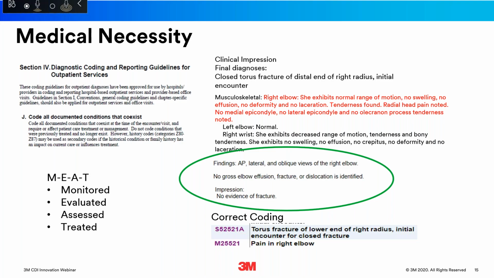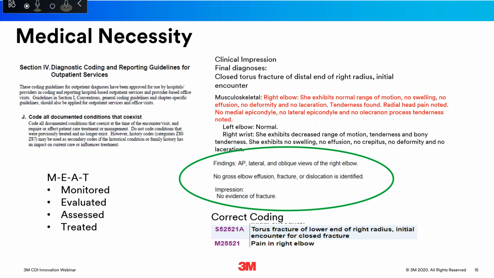So an example on the right-hand side, this patient came in and had a final diagnosis of a closed torus fracture of the distal end of the right radius, initial encounter. And in the physical exam of the ED note, he notes in red there, right elbow. She exhibits normal range of motion, no swelling, effusion, no deformity, and no laceration.